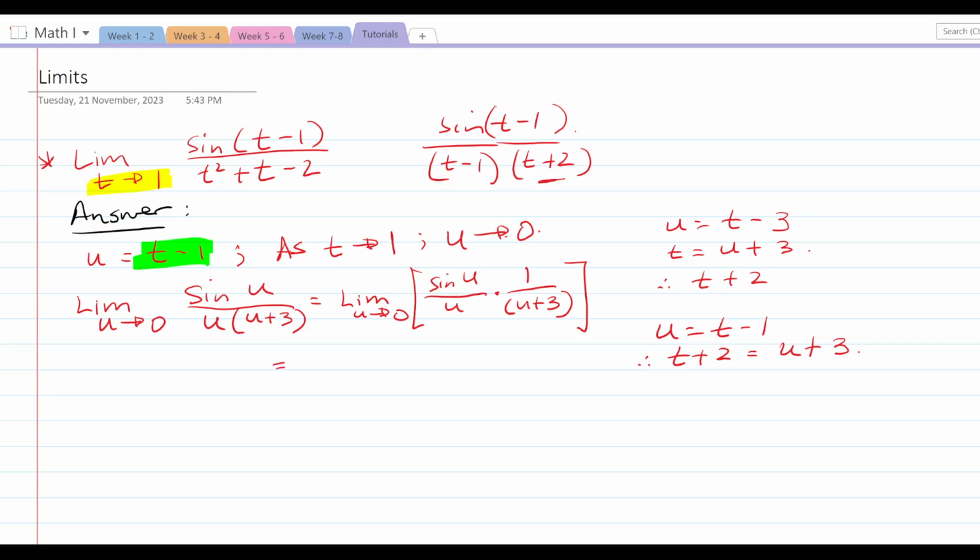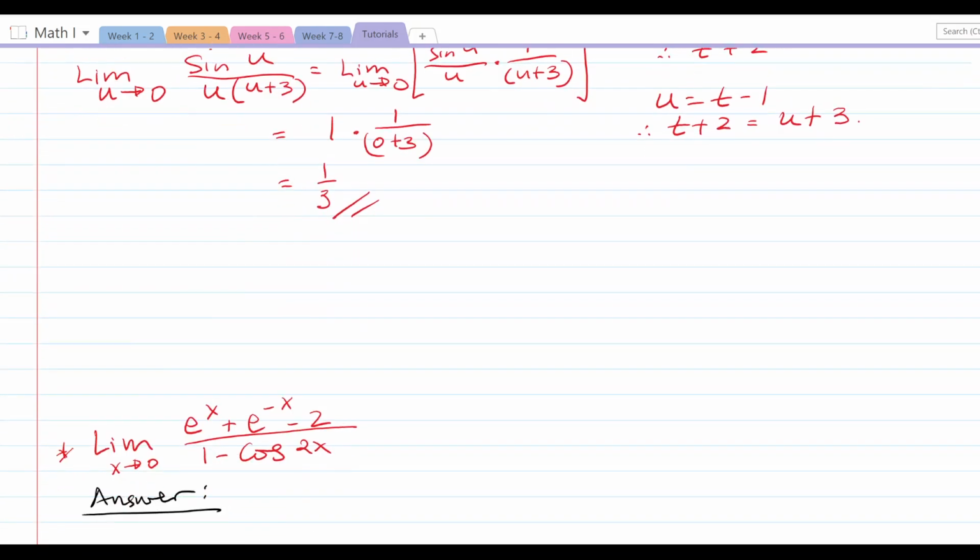From here, as u approaches 0, sine u over u equals 1, and then for 1 over u plus 3, we can substitute u equals 0, so 0 plus 3 will be 3. So the answer for this particular question is 1 over 3.